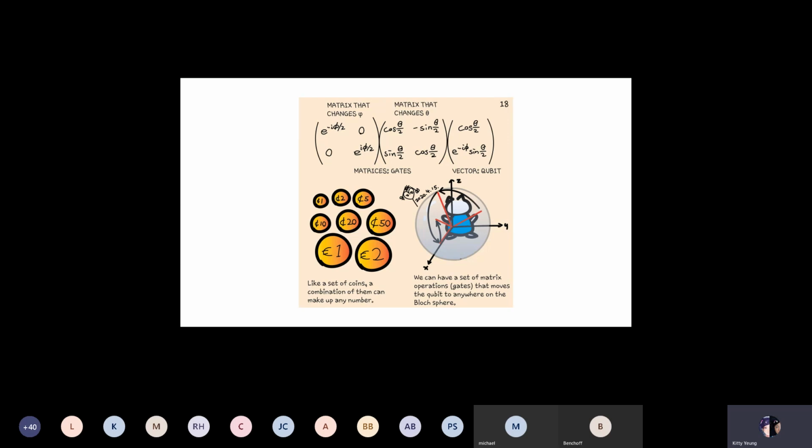With all of these coins, you can have a combination of them to represent any number you want. You don't have a coin for $1, $2, $3, you don't have one coin for each number.